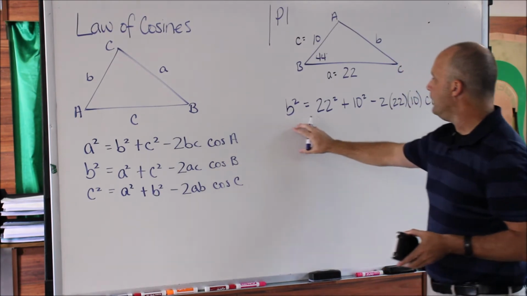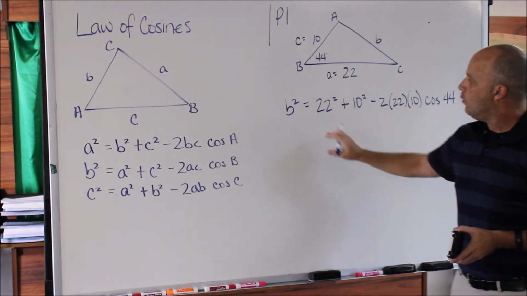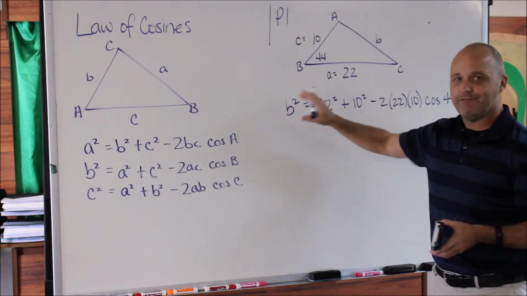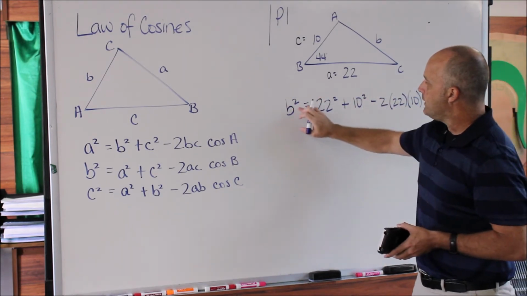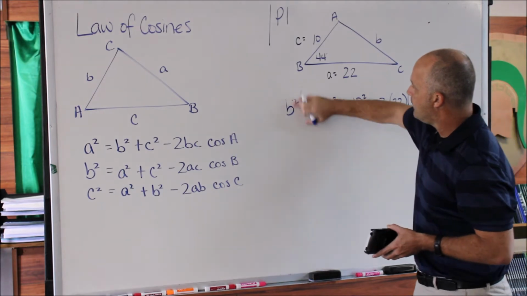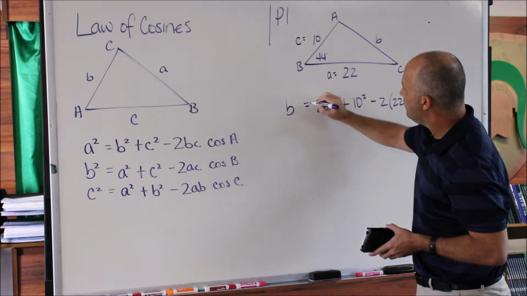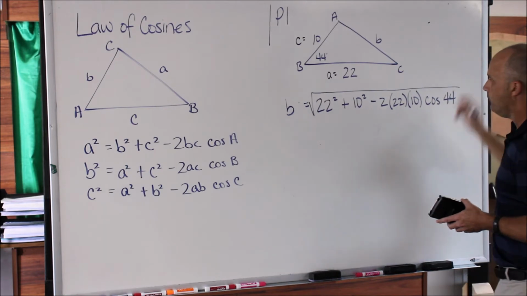Once I've got everything written out, at the very end I would take the square root of whatever this answer is. So instead of saying b squared is equal to all of this, I'm going to say b is equal to the square root of all of that.